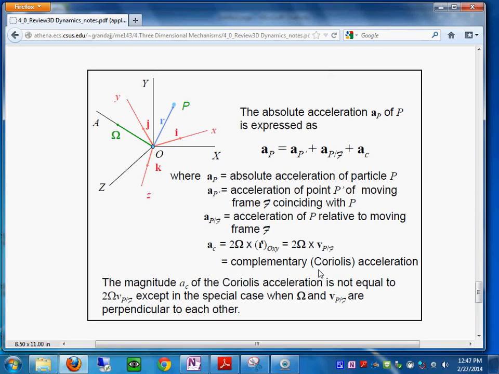These are all the components that this analysis produces. Like one, it has the absolute acceleration or, well, no, the relative acceleration.